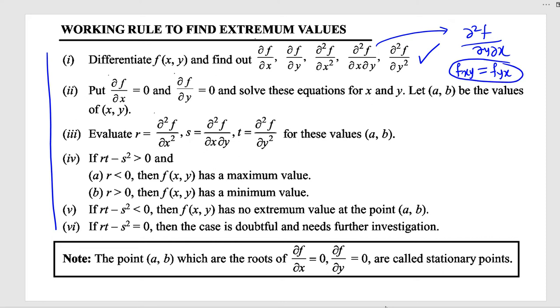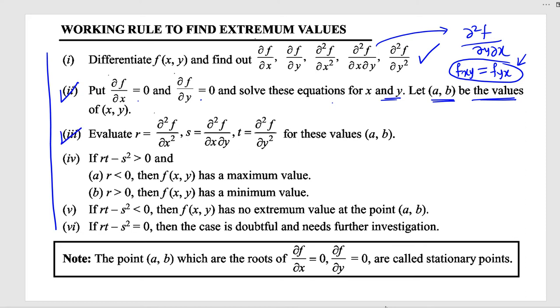Most of the functions that we will deal with will have this equation satisfied. So in order to find the stationary point, we have to make the first order derivatives zero, and solve the equations, get the values a comma b, the values of x and y.